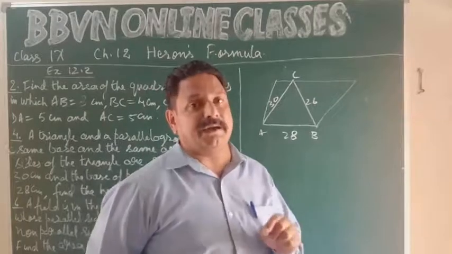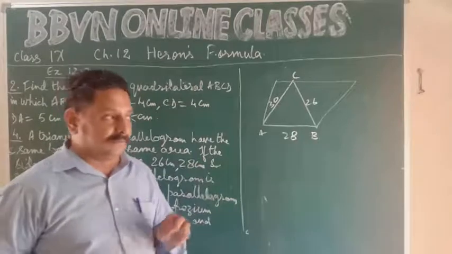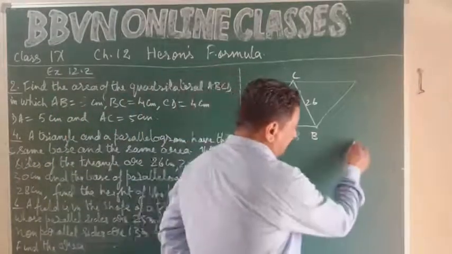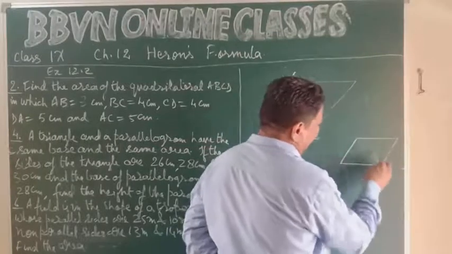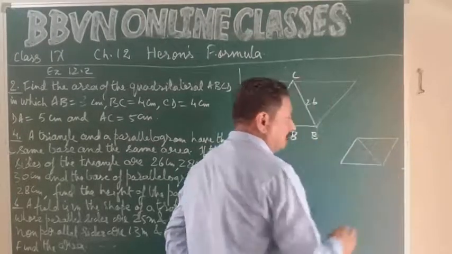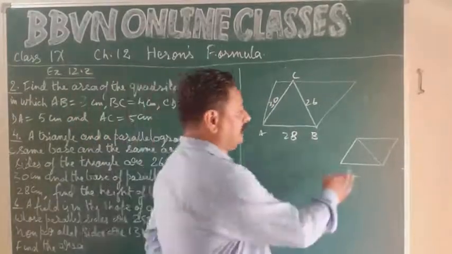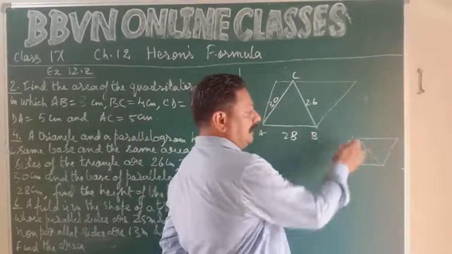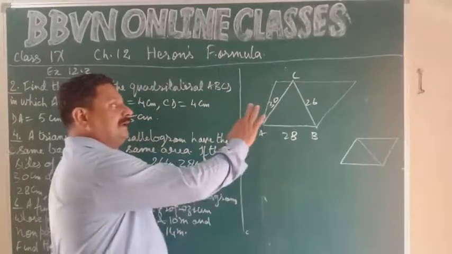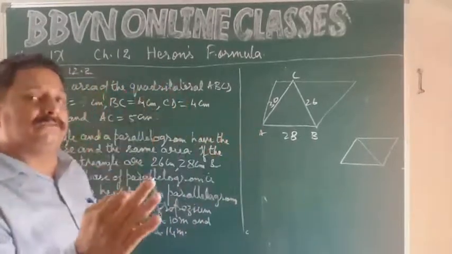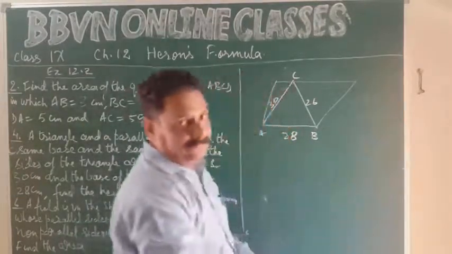If a triangle and a parallelogram are on the same base and between the same parallel lines, then the area of the triangle will always be equal to half the area of the parallelogram. But here, whatever the area of this triangle is, the same is the area of the parallelogram. This is something different from the theorem. So first we will find the area of the triangle.